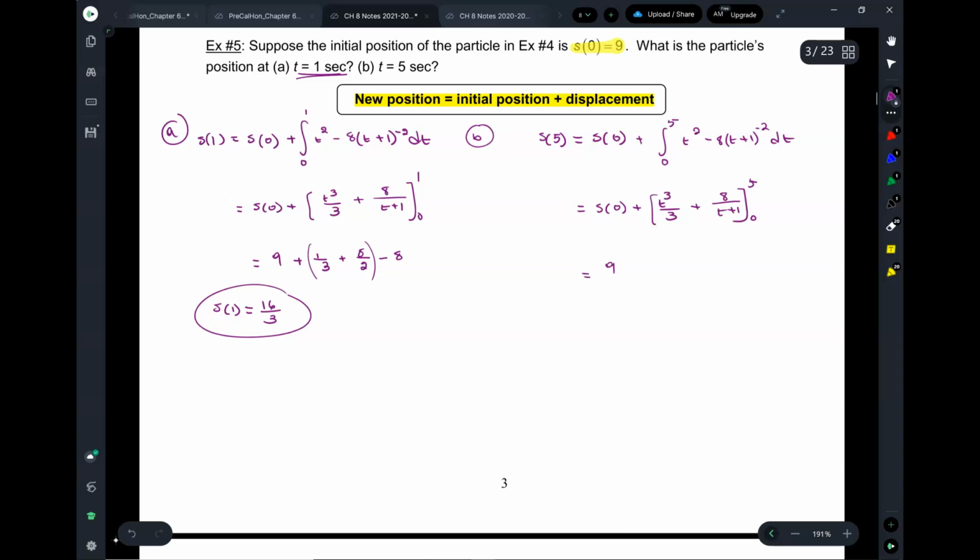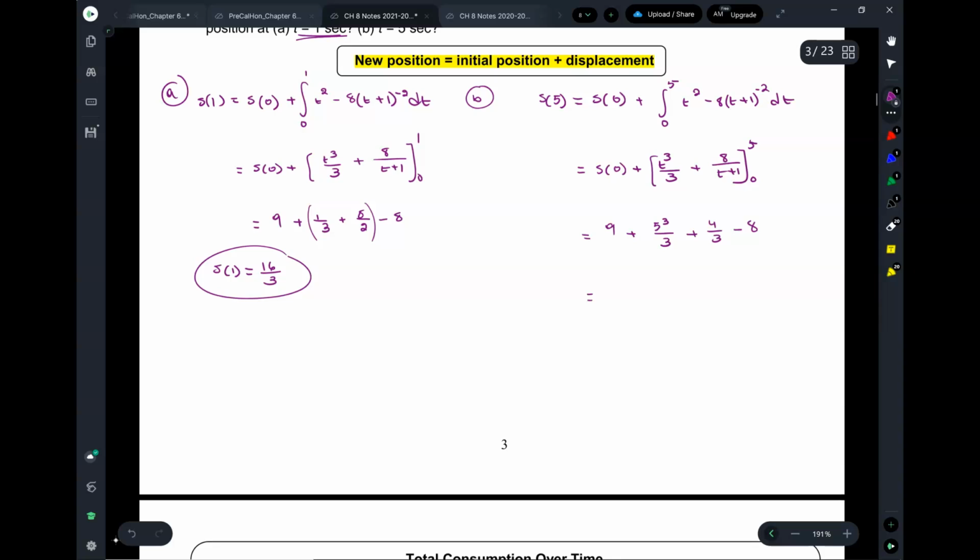So you have to rewrite that first step. 9 plus, so that's 5 cubed over 3 plus 8 over 6, which is 4/3, minus 8 again. So look, that's 9 minus 8, that's 1.